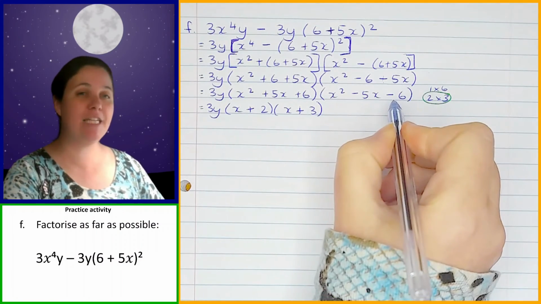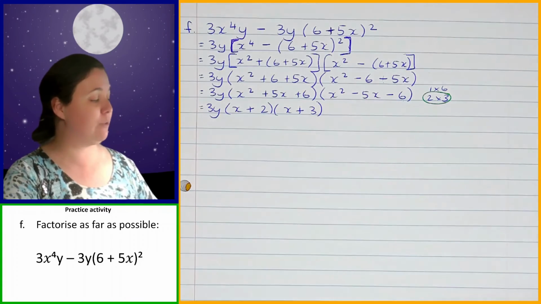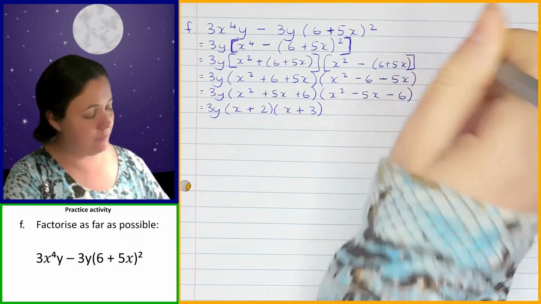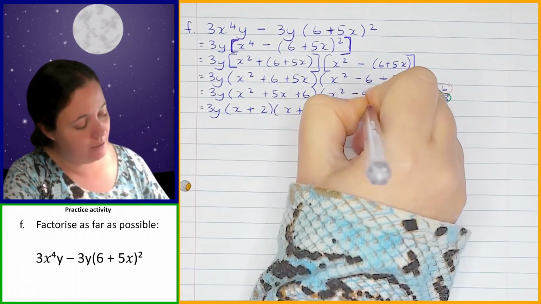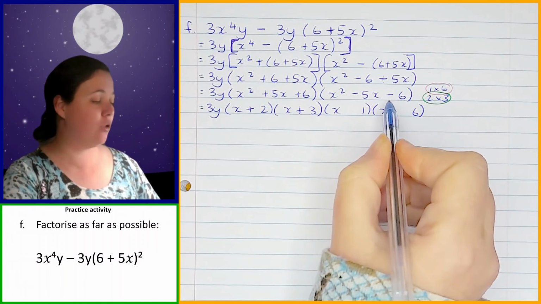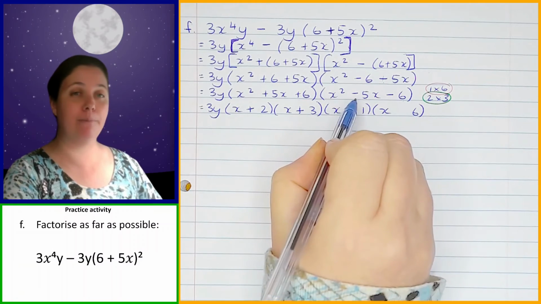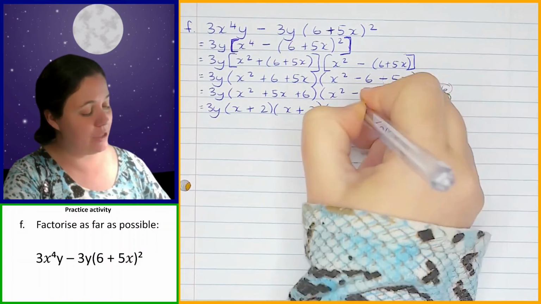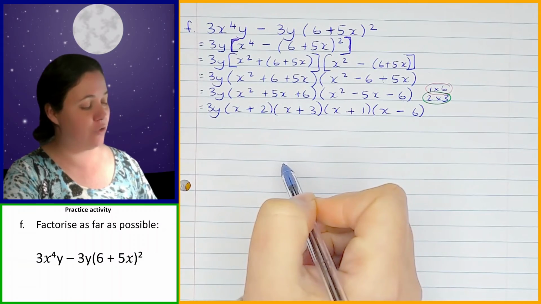Over here, I need to subtract the factors of 6 to get 5, so I'm going to be using the other factor pair, which is the 1 and the 6. So I'm going to have x and 1, x and 6. Because the middle sign is negative, the bigger number is going to be negative, and this is going to be positive. So that's what you should have got for that question.